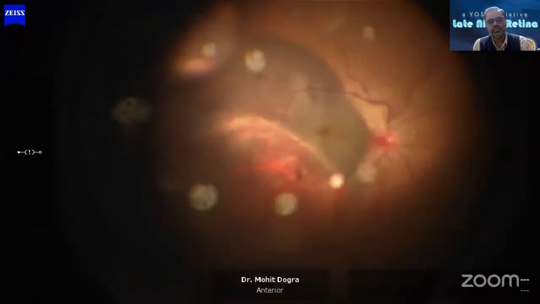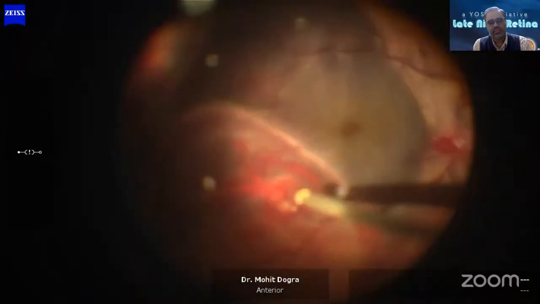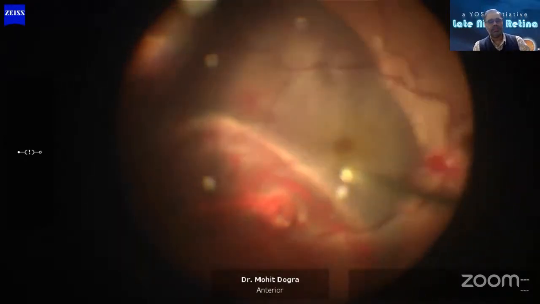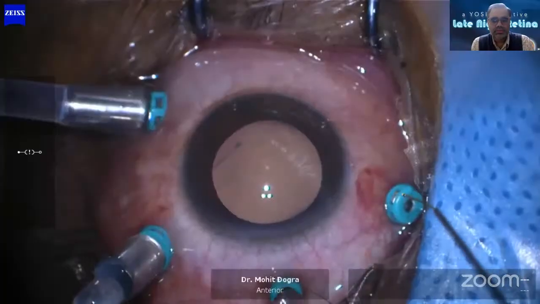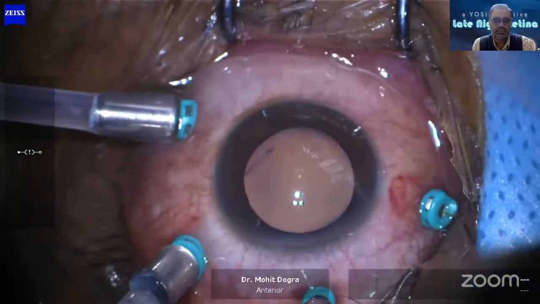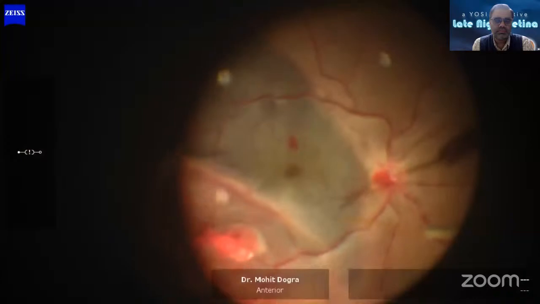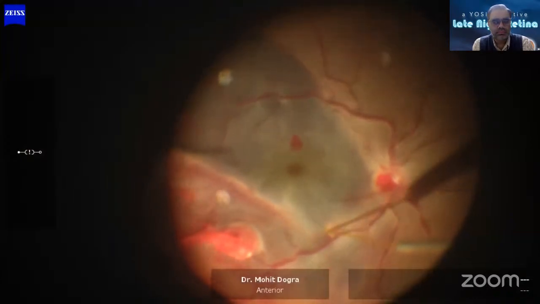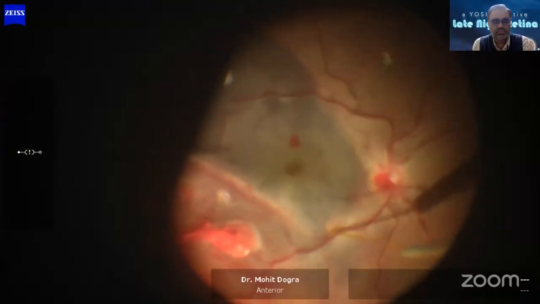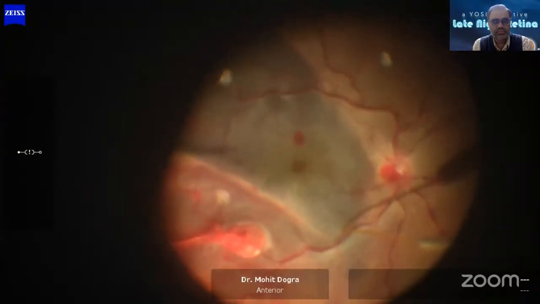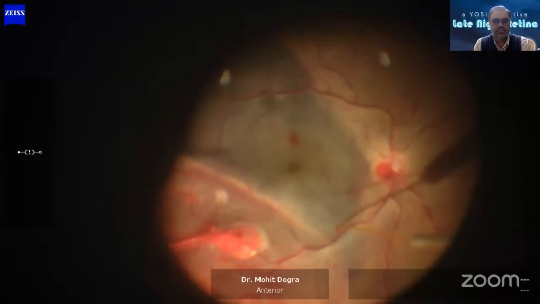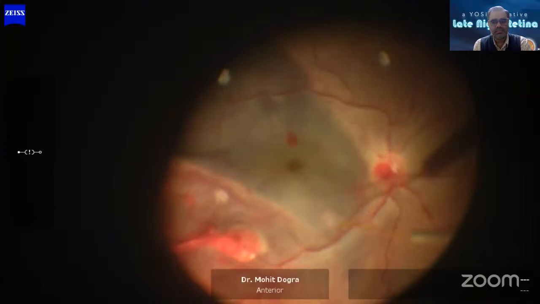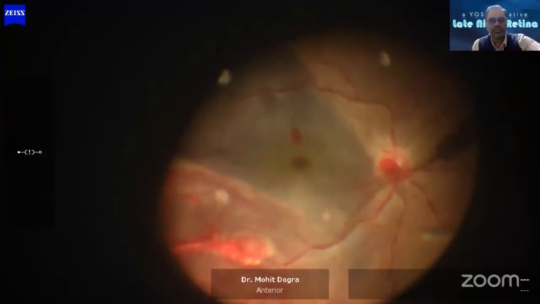Which is aspirated. We could also see a subretinal hemorrhage, which is extending beyond the arcades. And we can see a ruptured retinal artery macroaneurysm, which is along the superior arcade. Now we are using a 41 gauge subretinal cannula. And now for pneumatic displacement, we are using 0.4 cc balanced salt solution, which is injected in the subretinal space to create a bleb.